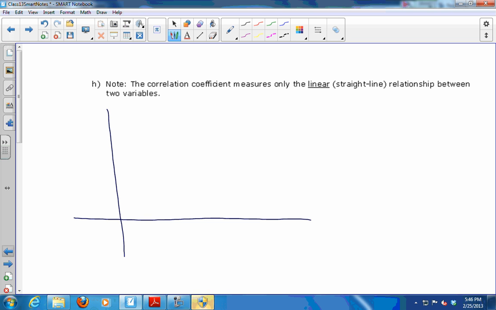So let's say this is my scatter plot. You think there's a relationship between those two variables? Definitely. That is a distinct pattern that is not random, right?